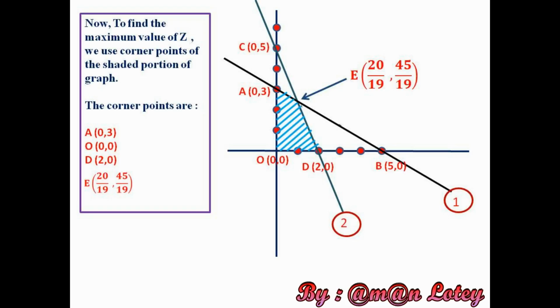Now, to find the maximum value of z, we use the corner points of the shaded portion of the graph. From the graph, the corner points of the shaded portion are A, which is 0 and 3, O, which is 0 and 0, D, which is 2 and 0, and E, which is 20 by 19 and 45 by 19.